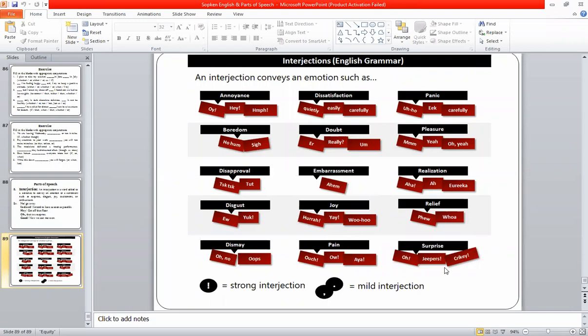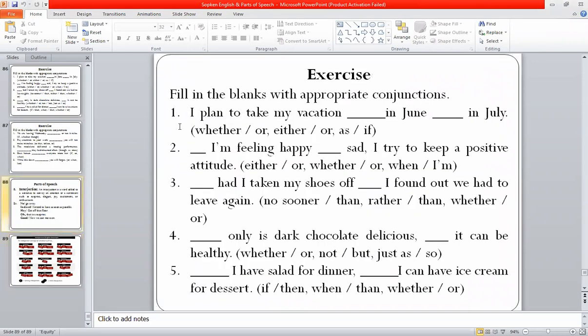These are the feelings or emotions we generally have, and for showing these feelings, we generally use interjections. So this is about interjections.